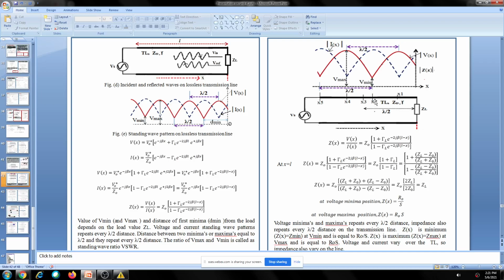Wherever voltage is minima, impedance is minimum. So at x2 impedance is minimum, and at x1 it is maximum. Further, at x3, it is at a distance of lambda by 2 from the load.